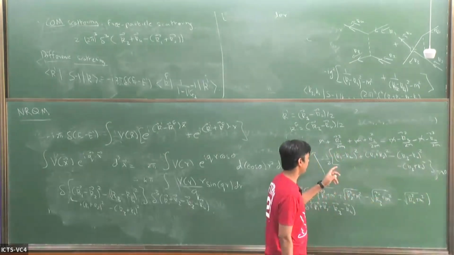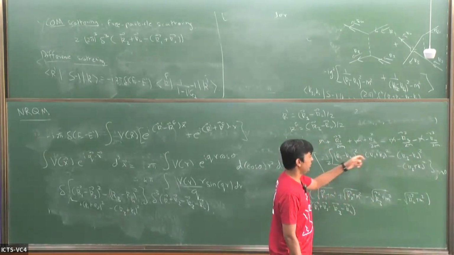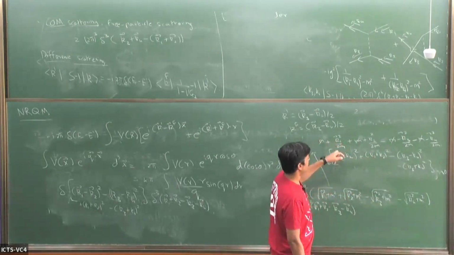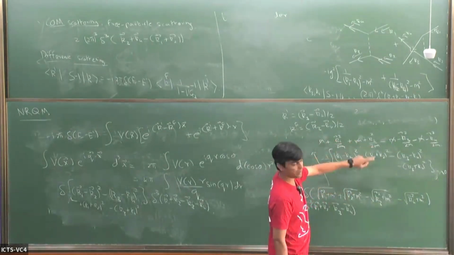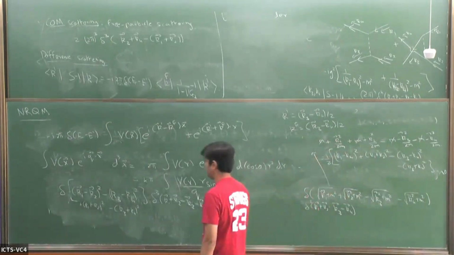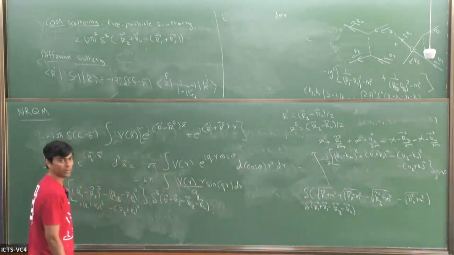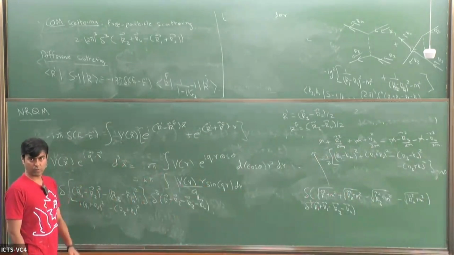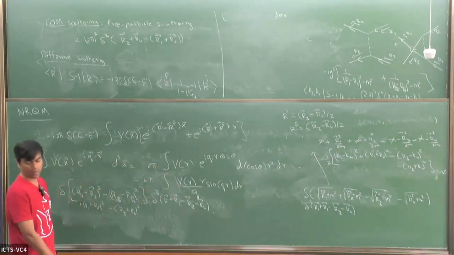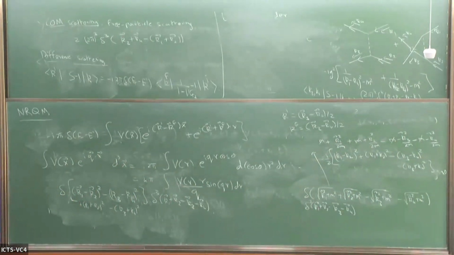So up to another factor of half, which we're going to drop, this energy momentum conserving delta function is in fact the same as the one we get in the non-relativistic case. Okay, good. Now we only have to know one more identity.